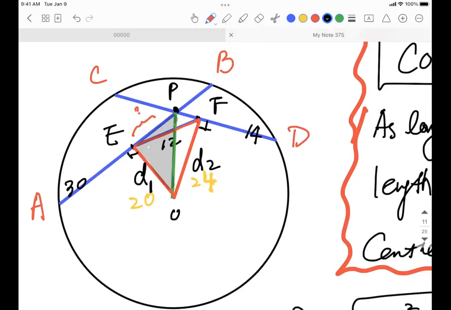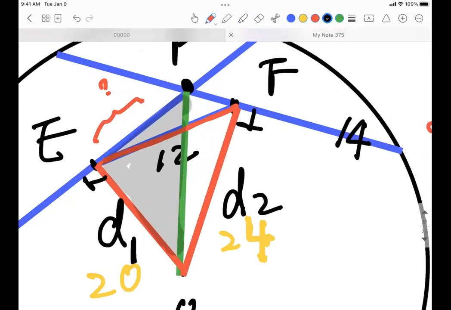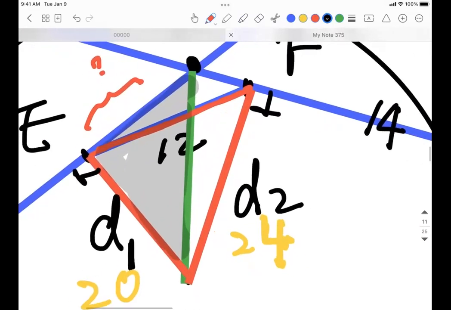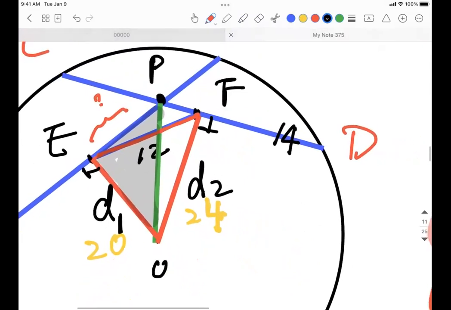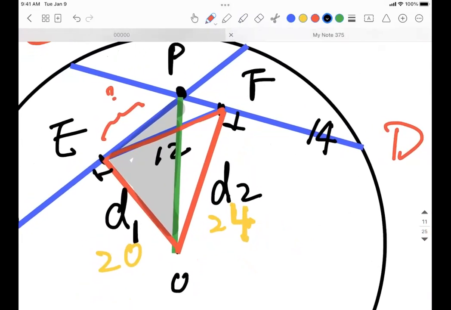This is like one of the tricky parts for this problem. Let's have a quick look at this triangle. This is like this red triangle. Of course, you know you have 3 sides, right? 20, 24, 12. So what's the relationship between OP and this red triangle? Who can tell me?